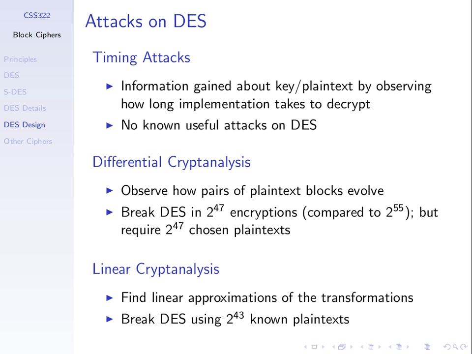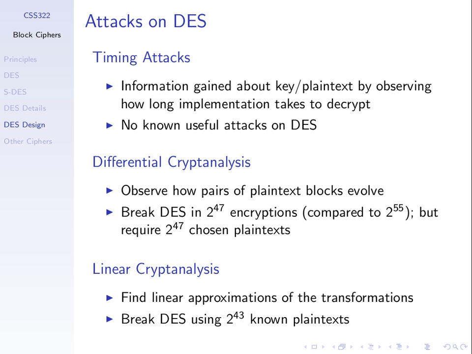And there's a similar situation with another attack. There's a way to form linear approximations of the cipher, and again, they can break DES, but they need knowledge of 2 to the power of 43 different plaintext values.